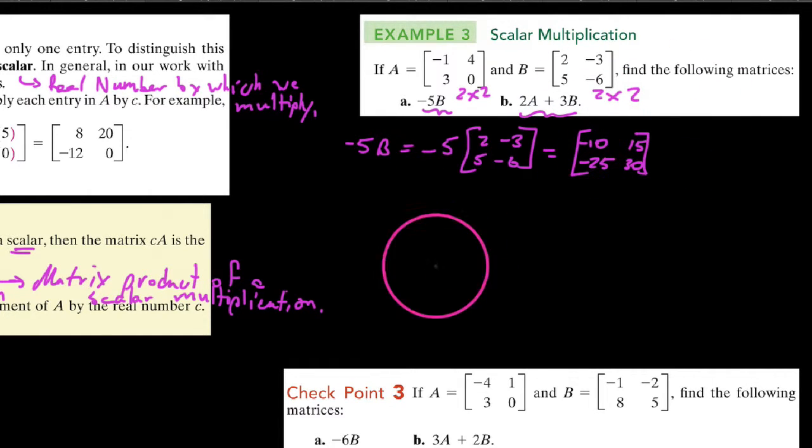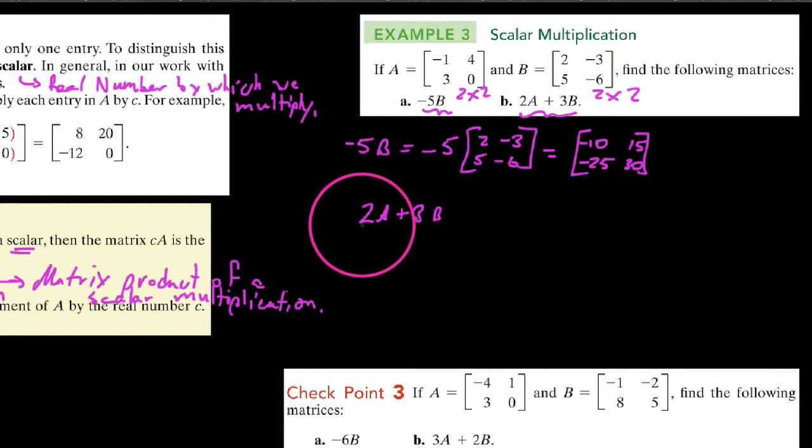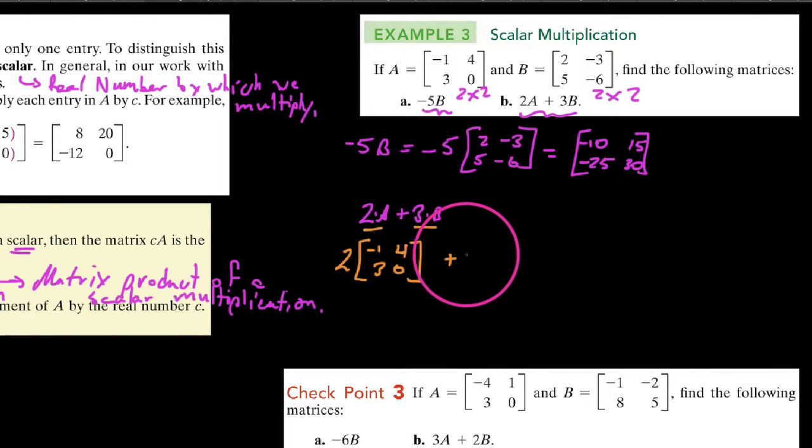With our next expression, you can see that we have 2A plus 3B. We have a couple of scalar multiples and then we have a sum. Just like with order of operations, we have to do our scalar multiplication first, and then we're going to add those scalar multiples together. So we have 2 times A, which is this 2 by 2, negative 1, 4, 3, 0, plus 3 times B, and our B matrix here is 2, negative 3, 5, negative 6.